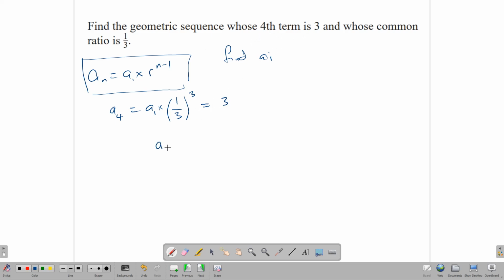So A1 here is going to be equal to 3 divided by 1 over 3 raised to the third power. And that we can evaluate by saying A1 is equal to 3 divided by 1 over 27, which calculates to be 81.